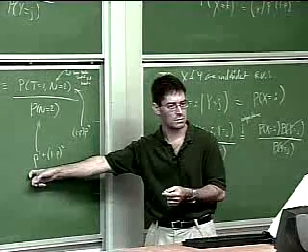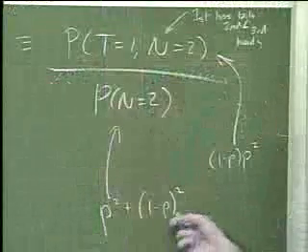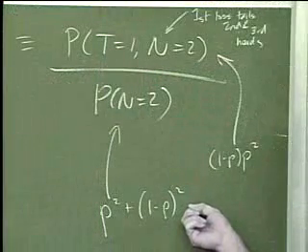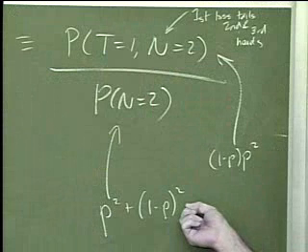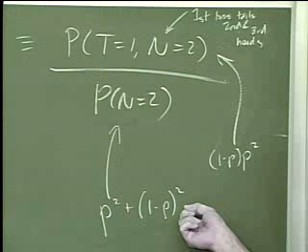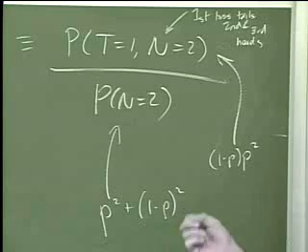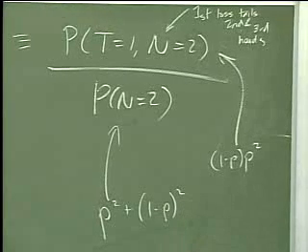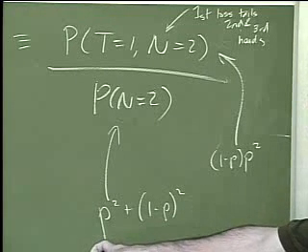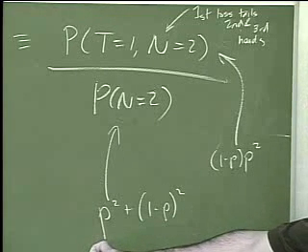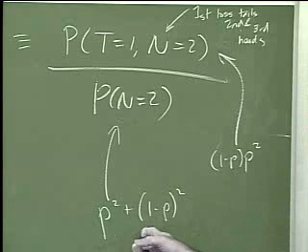Who said that? Sebastian. Okay, Sebastian kind of took a shortcut. He knew that the first toss didn't come into play. You only have to look at the second and third tosses because they're independent samples, so you can rule out the first one. So this is the probability that the second and third toss are both heads, and this is the probability the second and third toss are both tails.